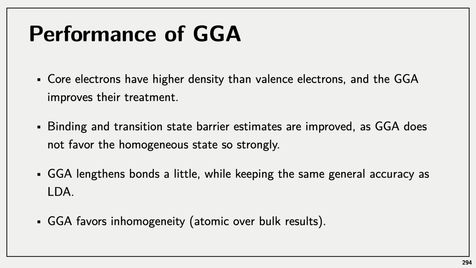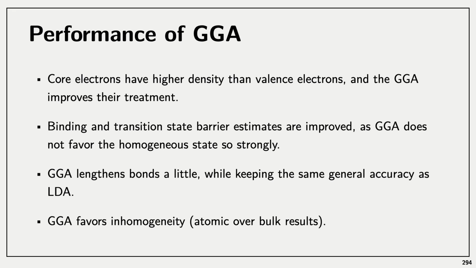So GGA does very well for the core electrons where they have a higher density. GGA treats the difference between the core and the valence electrons well. The energy barriers are much improved with GGA, so that's nice.